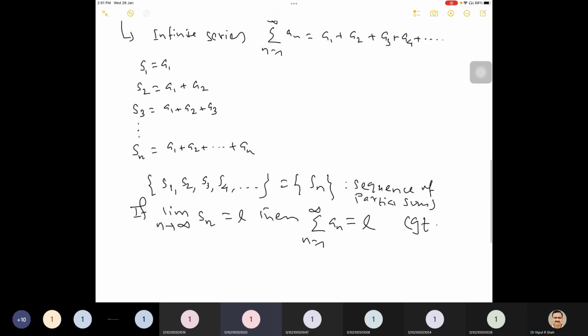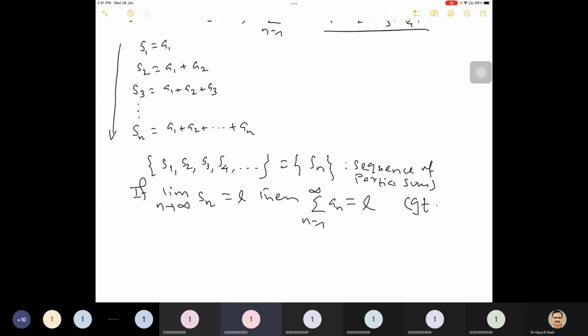You are having infinitely many terms of the series. Then you find the sequence of partial sums. It is always not easy to find out Sn. In one or two examples we will take, but always not easy. And then you have a sequence of partial sums.